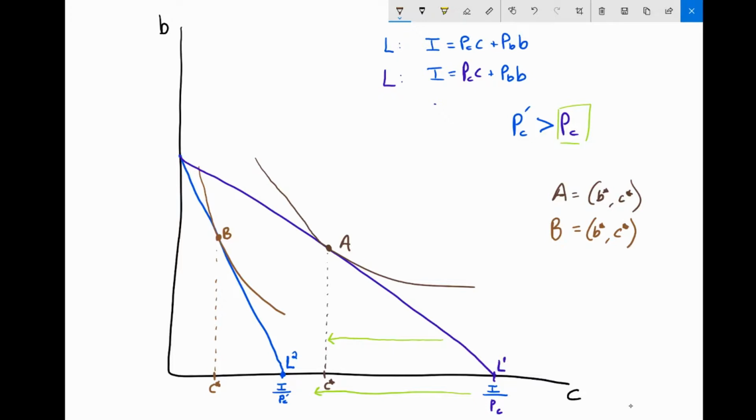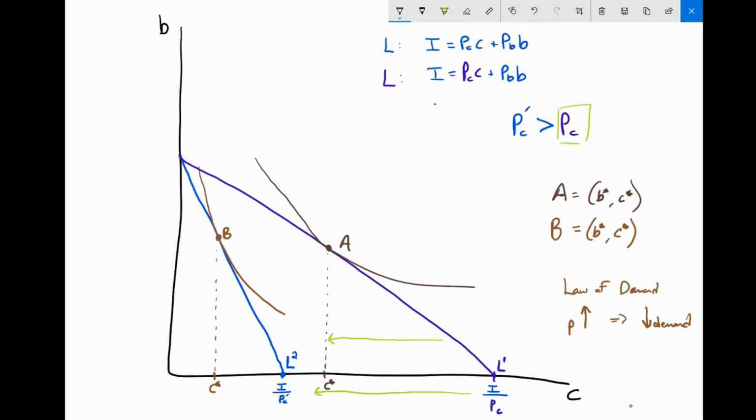And that's exactly what we would expect. We call that the law of demand: an increase in price results in a decrease in demand. All right, so that's pretty straightforward. But what we want to do now is disentangle the different components of this effect.